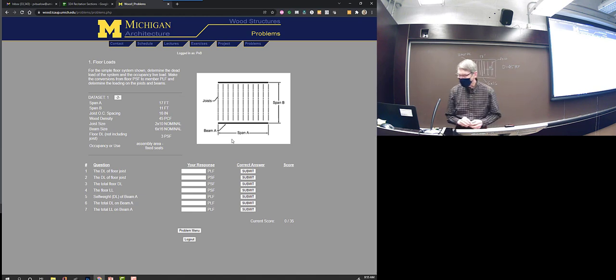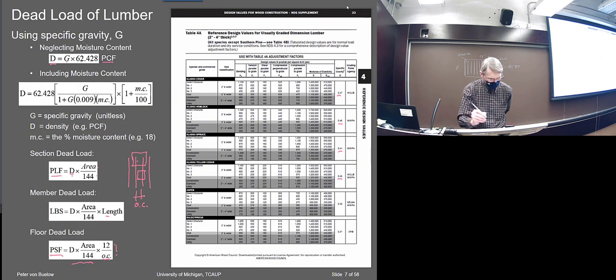The dead load of the floor joist, so that was what we were. If I can. All right, let's see. Maybe I can do it like this. The dead load of the floor joist, that would be in PLF, I think is what it was asking for, and that would be the density times the area over 144.